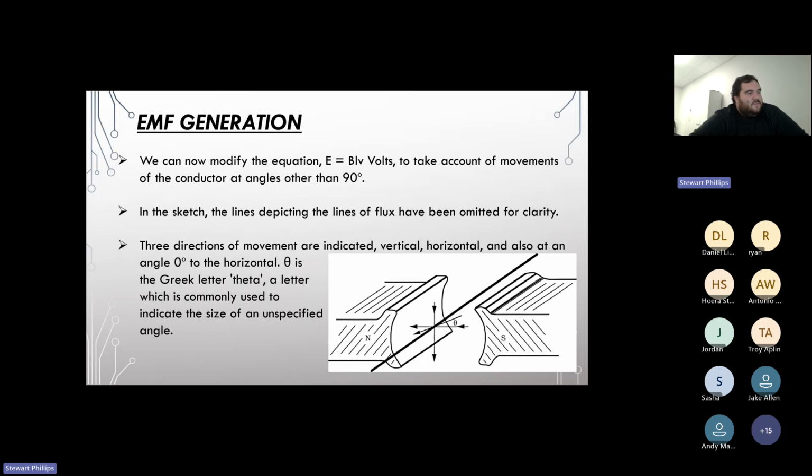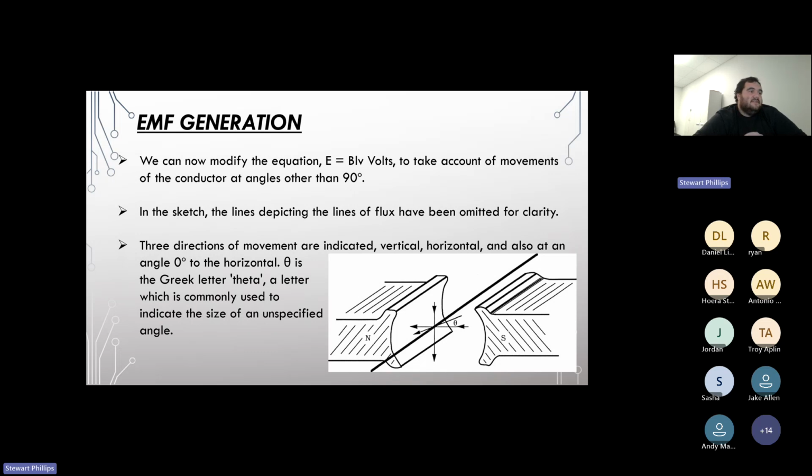So we will learn about that when we get to generation, but it's just good for you guys to know about it now because we can take into account movements of the conductor at angles other than 90 degrees. So in the sketch, lines depicting the lines of flux have been omitted for clarity. So 3 directions of movement are indicated: vertical, horizontal, and also at an angle theta to the horizontal.